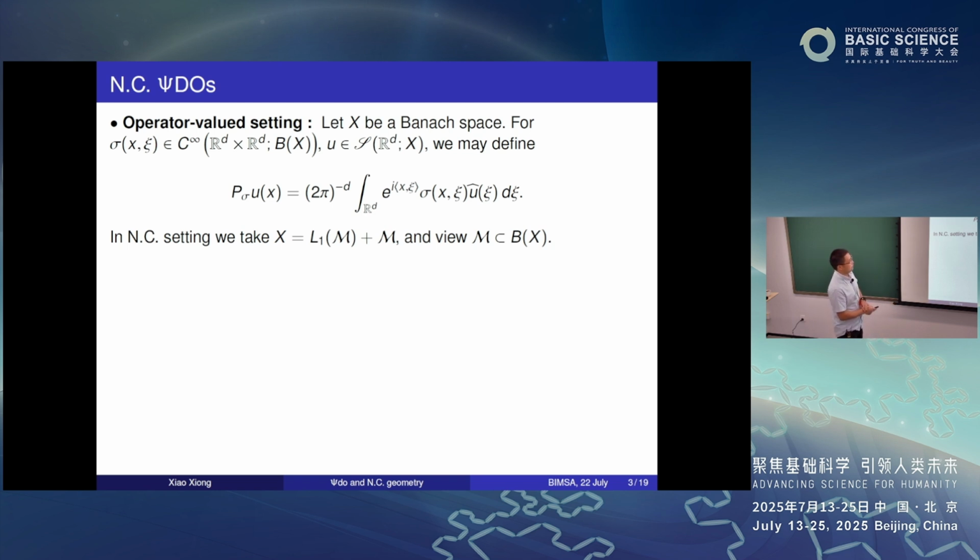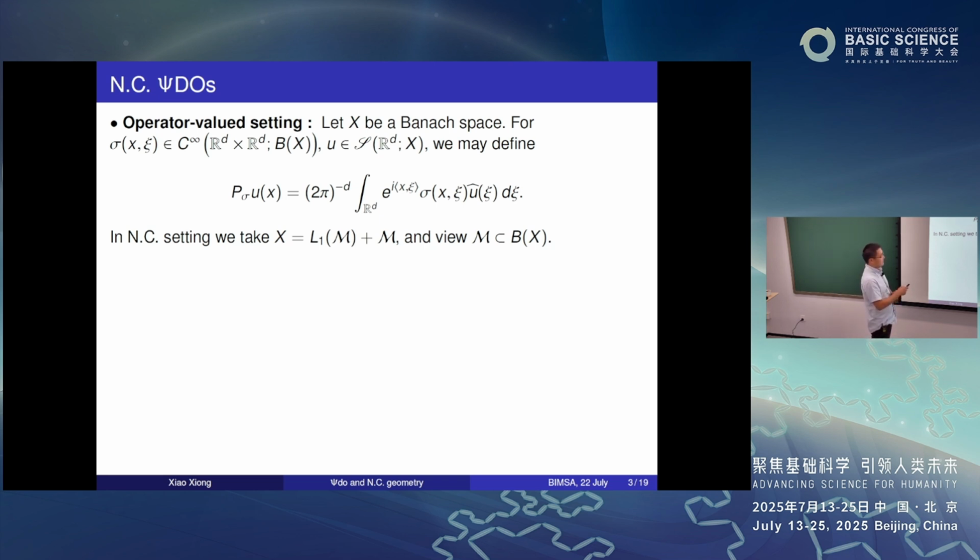To make this integral make sense, we can assume that our symbol takes values in the space of bounded linear operators on this Banach space. We understand this integral in the way that we first act every sigma on the Fourier transform of u, and then we take the inverse Fourier transform to get back.